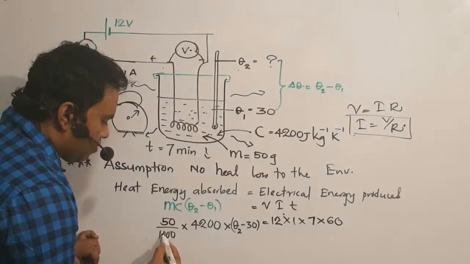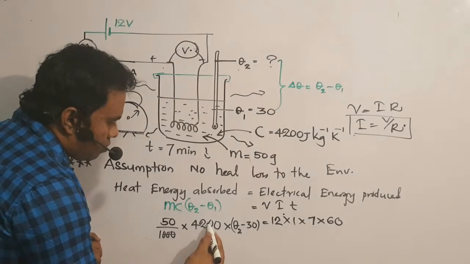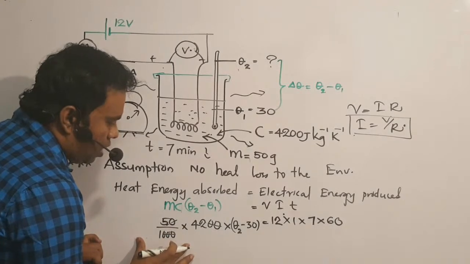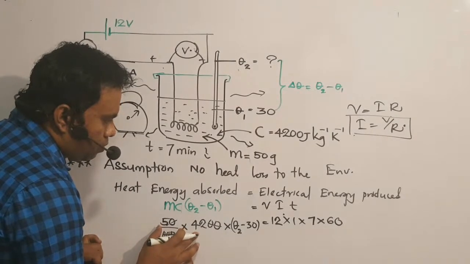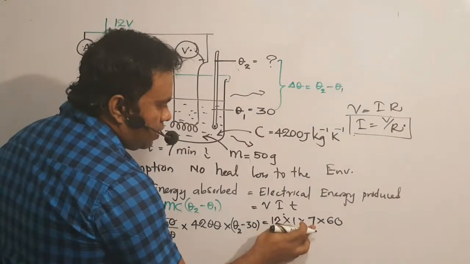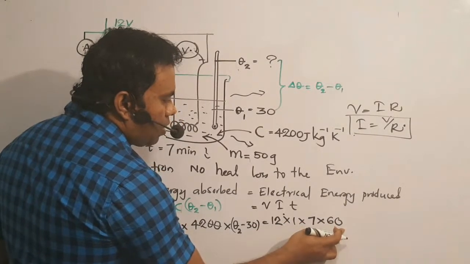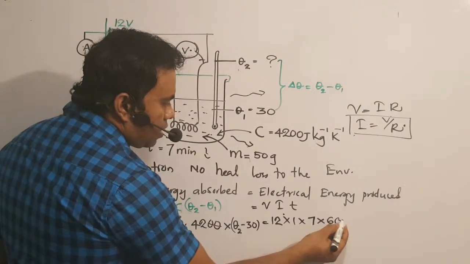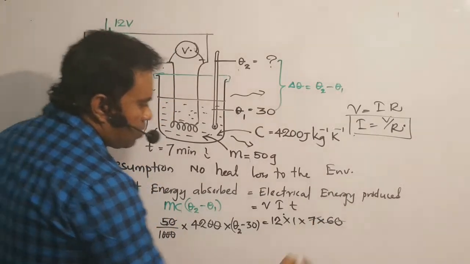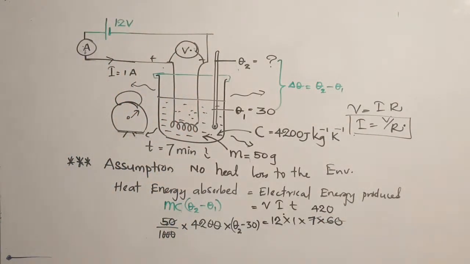Okay, let's simplify this. 1000, the zeros can be cut off. Now you can see here 42. Okay, that's 42. You can see here 7 times 6, 42 with this 0, 420.